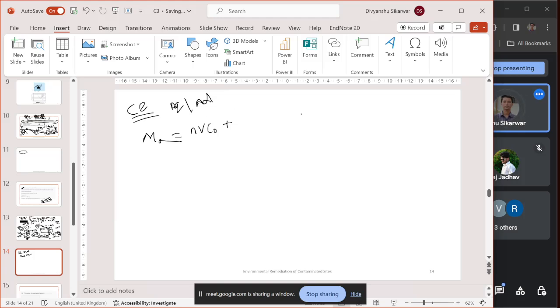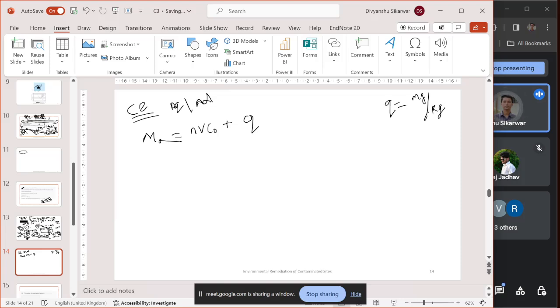If we analyze a sample, we can get the Q value. The Q value basically gives us how many milligrams of a particular contaminant is present in 1 kg of soil. This value we can find out. So it will come here as Q, but we want mass.